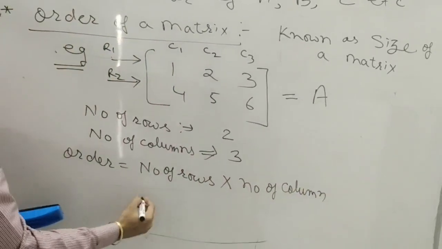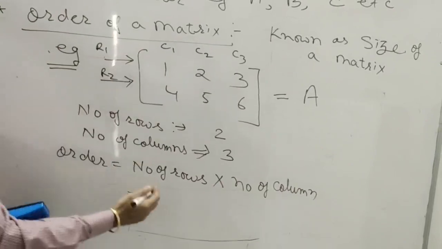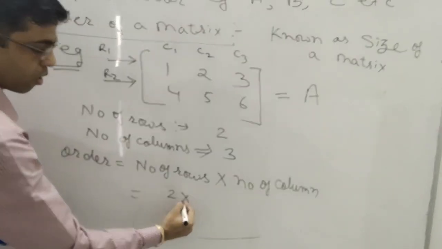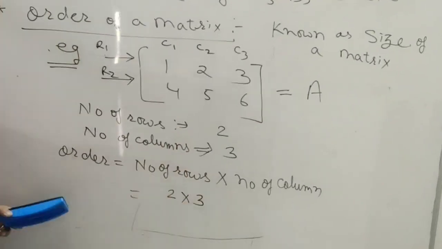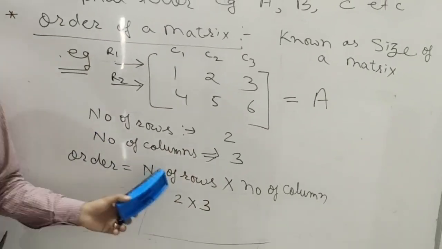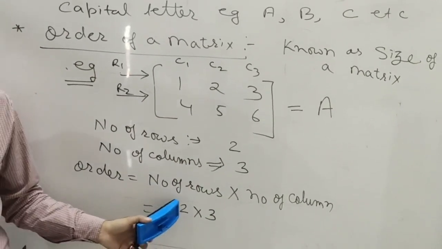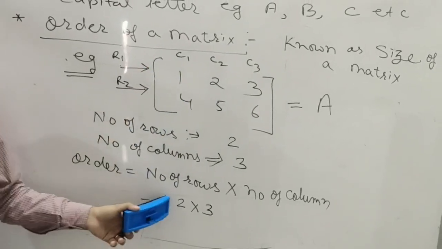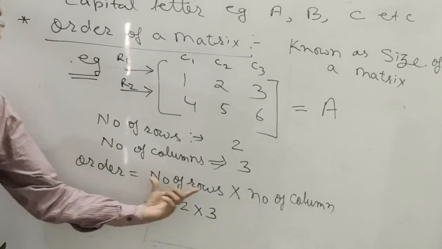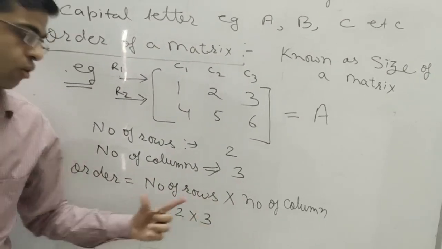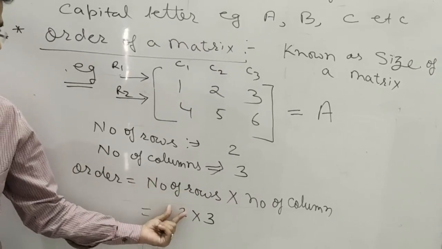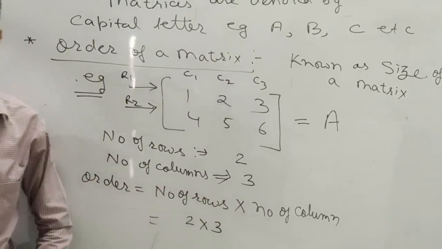This is the size. The order of this matrix is 2 cross 3. If I ask you the order of this matrix, you will write 2 cross 3. Firstly we write rows and then columns. In a matrix, we always denote rows first and then the columns come.